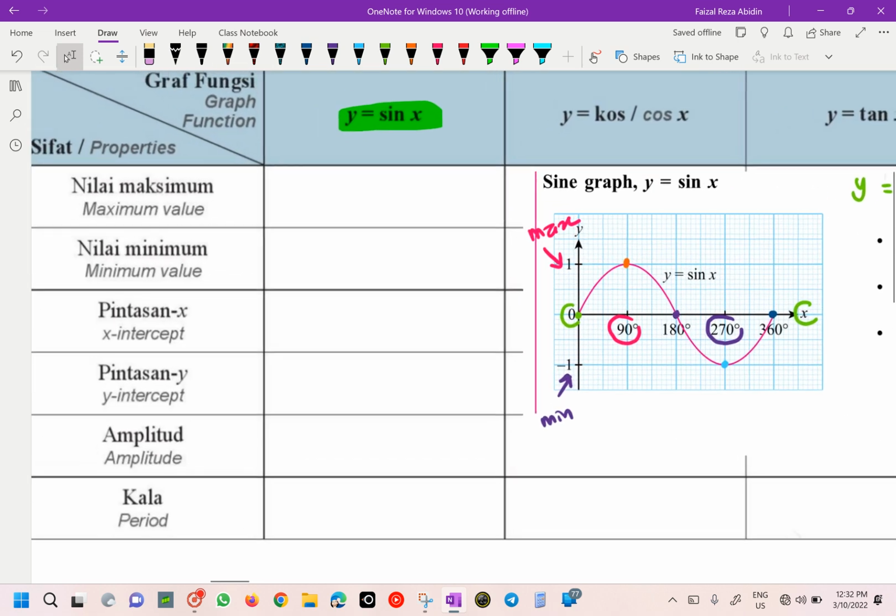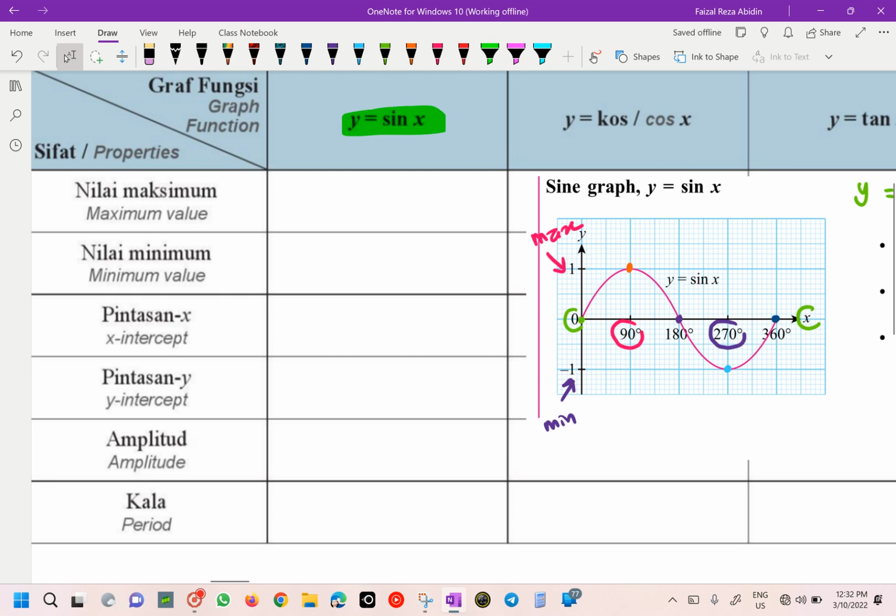So when it says over here the maximum value, minimum value, x-intercept, y-intercept, amplitude. Yeah, maximum 1, minimum -1.